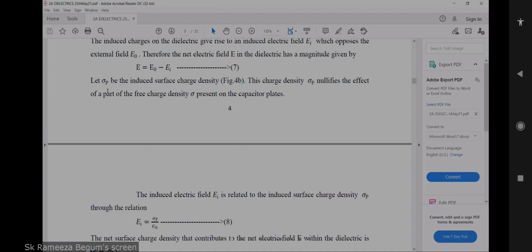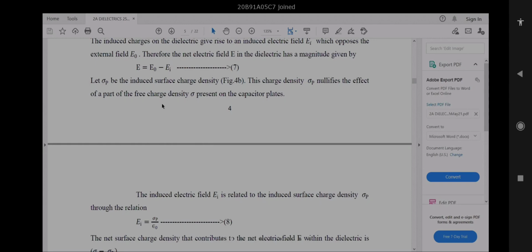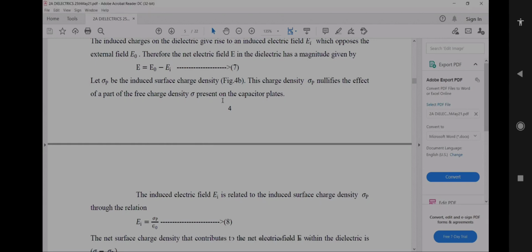And sigma P is the induced surface charge density. This charge density sigma P nullifies the effect of a part of the free charge density sigma present on the capacitor plates. This sigma P, which is due to the induced electric field, nullifies the surface charge density which is present on the capacitor plates.